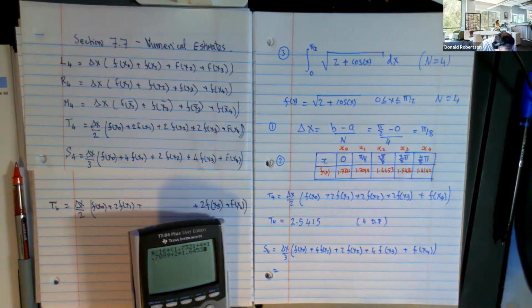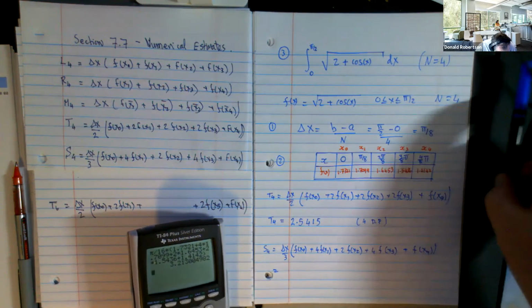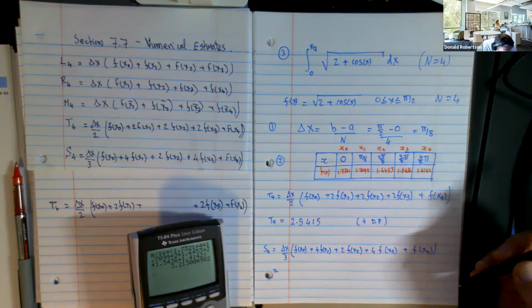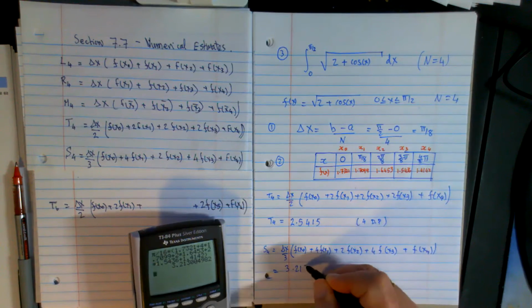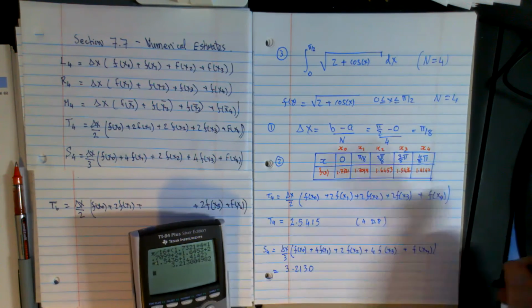I will be so glad when we've finished this section. This drives me crazy. And this time, I'm worried. Should it be pi over 24 instead of pi over 16?